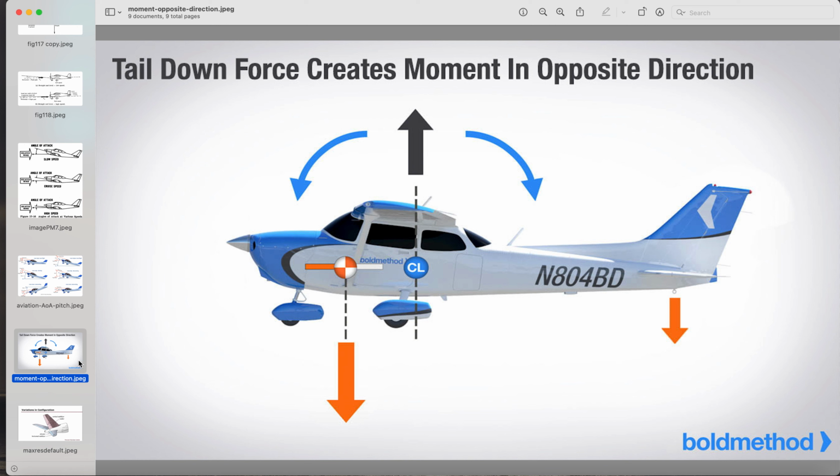So by changing the elevator, the airflow from the front of the plane to the back pushes the tail down. That will bring the chord line of the wings up, right? That's one way a pilot can do it.